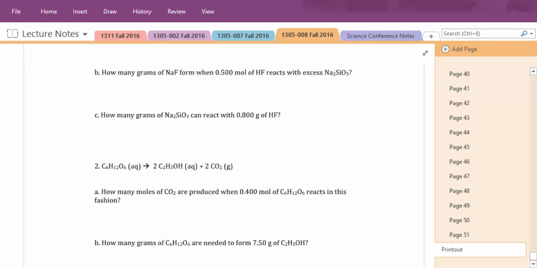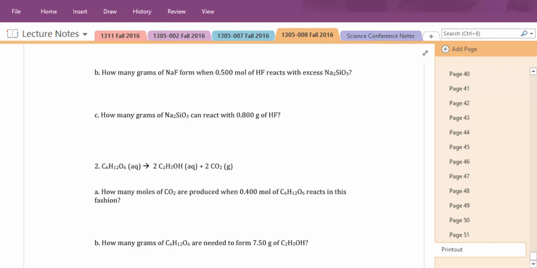So that means I'm going to have to take this 0.8 grams of HF and convert it to what? To moles. Then I can do the stoichiometry. Go from HF in moles to the Na2SiO3 in moles. But that doesn't answer the question. So how do I answer the question? I convert that to grams. So do you see how that's 3 steps?